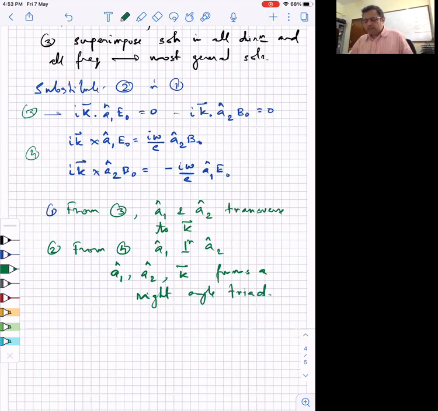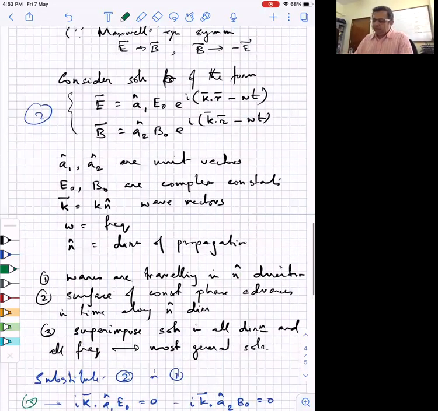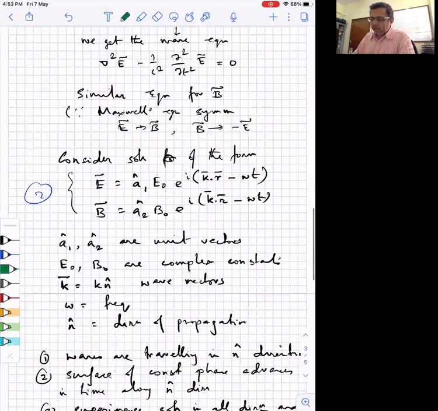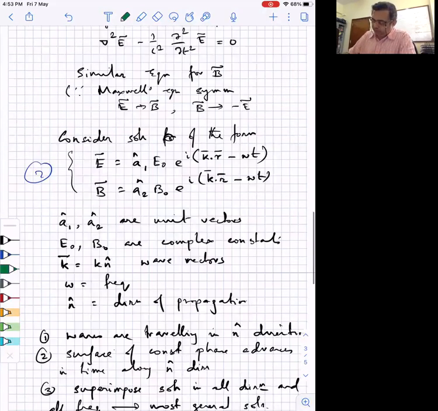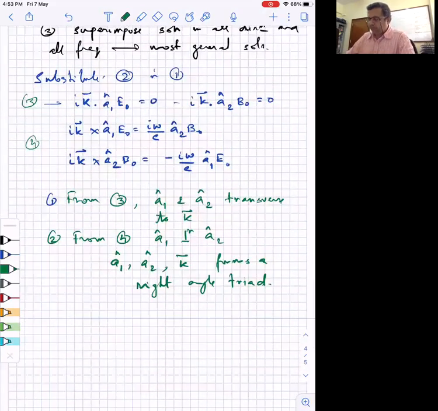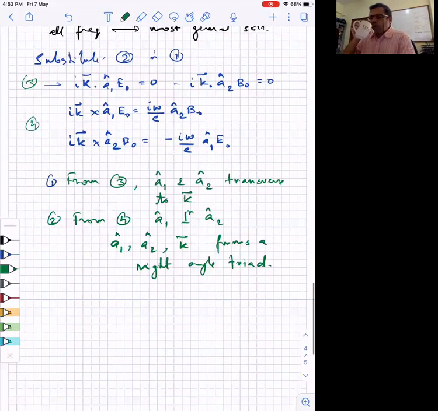This comes immediately as soon as we write the solution in terms of a traveling wave. Given the traveling wave solution, Maxwell's equations immediately force these constraints. Okay. Now, what about E0 and B0?